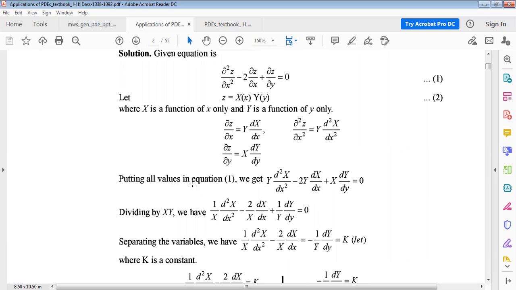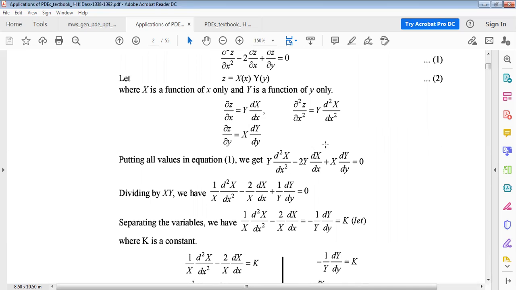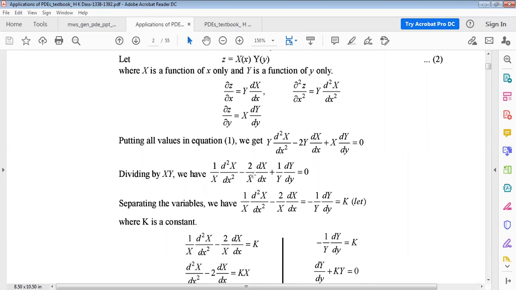Now substituting all these values in equation 1, we get this. Now dividing by XY on both sides, same process, same procedure. So this minus this plus this equals to 0. Now separating variables, we get 1 by capital X d square X by dx square minus 2 by X dX by dx equals to, this is the y variable, right hand side, minus this equals to k.